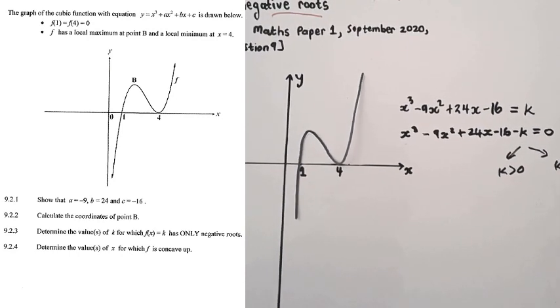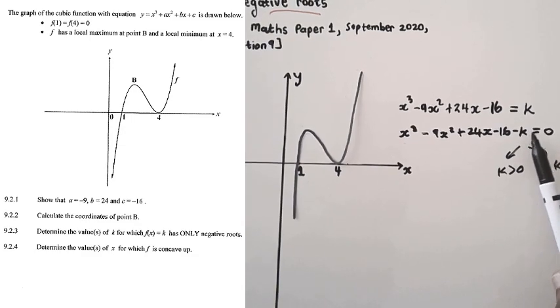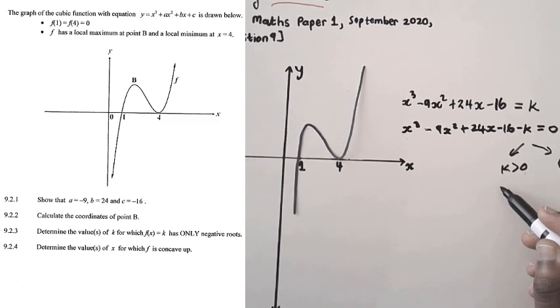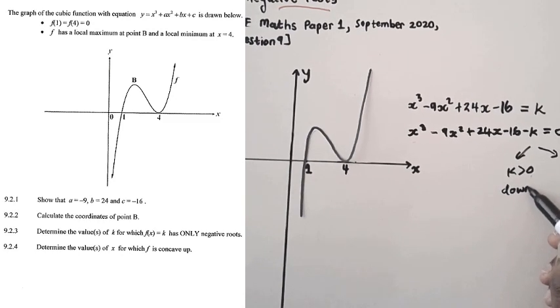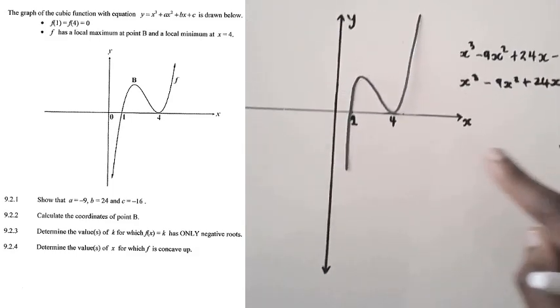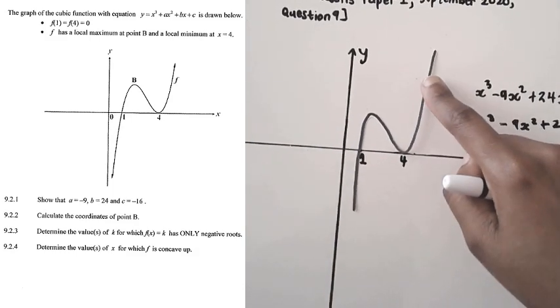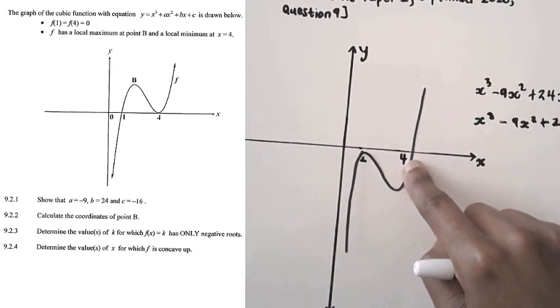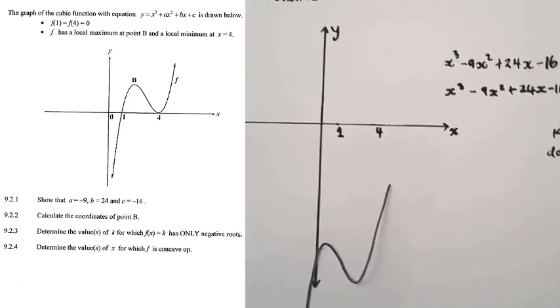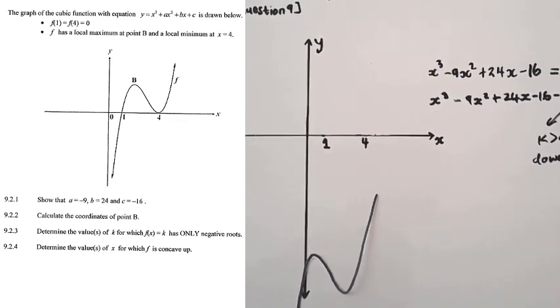Okay, so we now know that choosing positive k values is going to move the graph downwards. So you can imagine this graph, if it actually had to have a y-intercept of negative 31, it would move downwards and be somewhere there.